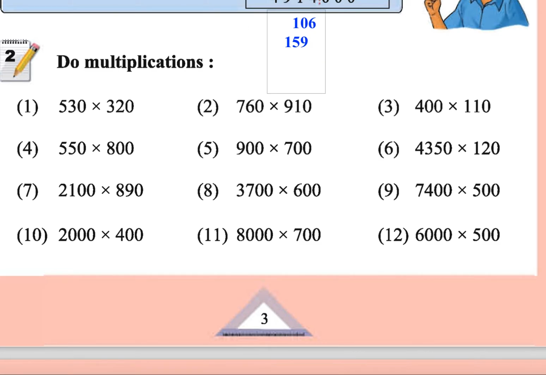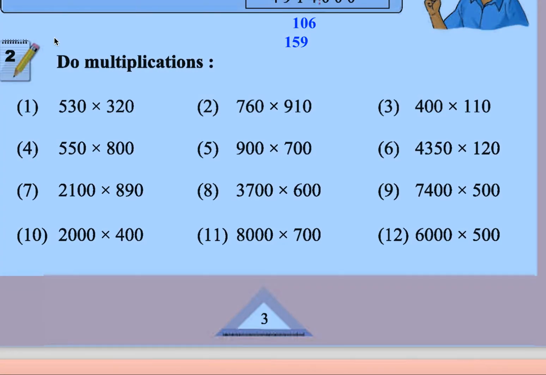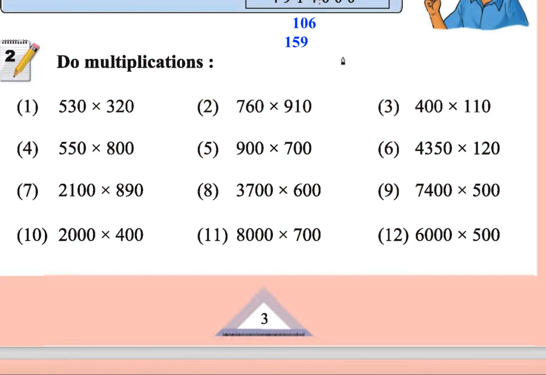Okay, put this bar. Where is the bar? Here it is. Okay, place the bar. 9, 1, 1696.